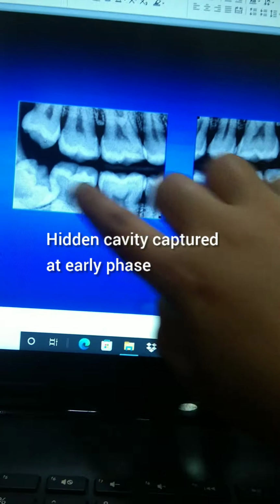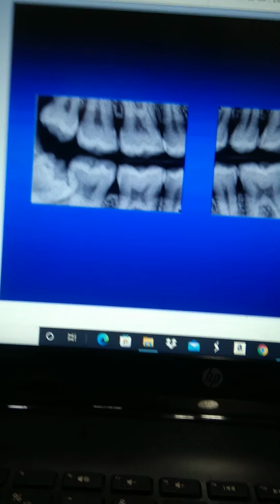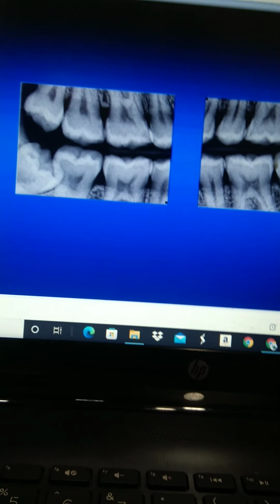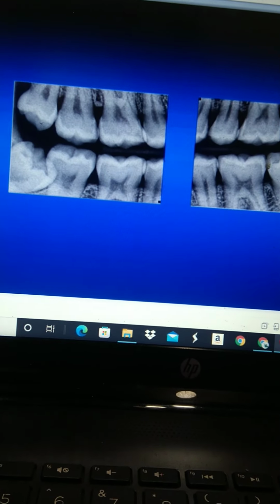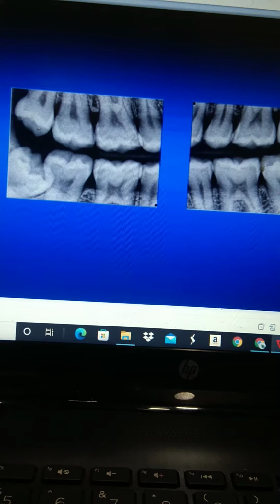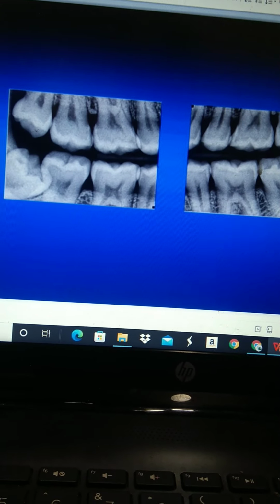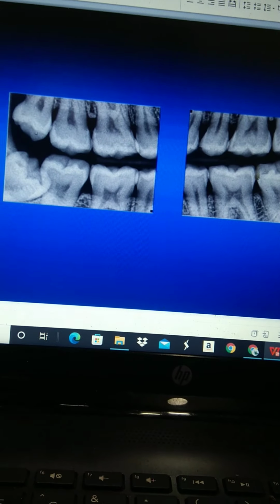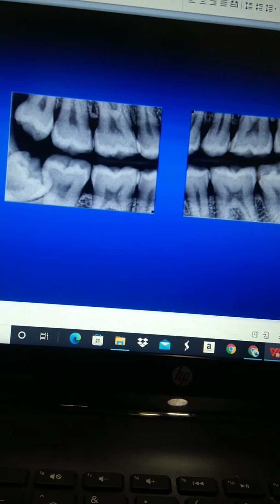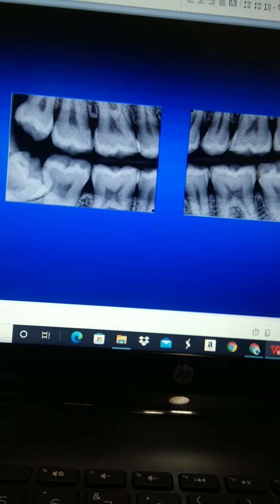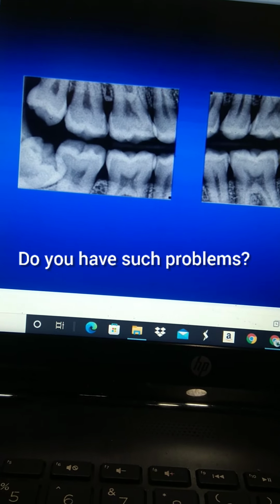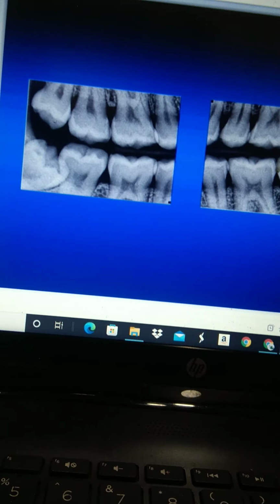These hidden cavities are very dangerous because you won't get to know, and these cavities extend further. You will get to know only when the cavity has already reached your dentine, and you will have a complaint of food lodgement. You will complain that your food is getting stuck and you're not able to eat from this side because whenever you eat, the food starts getting inside.